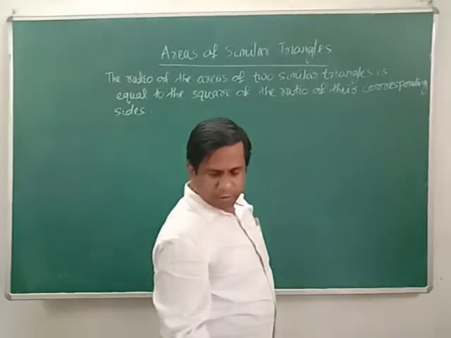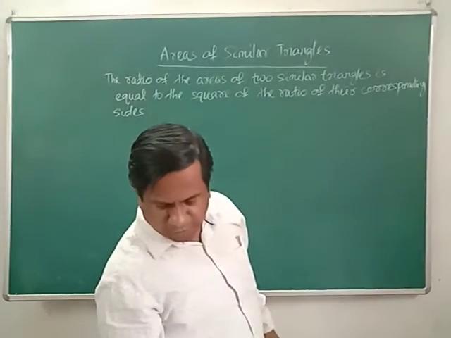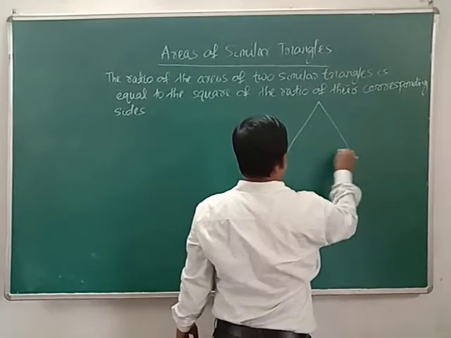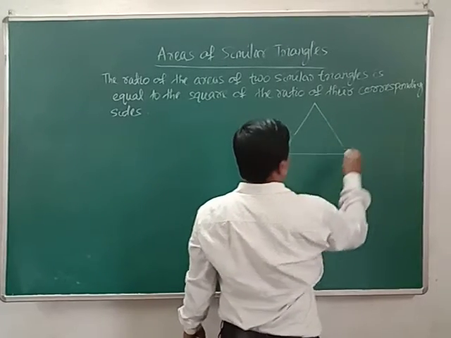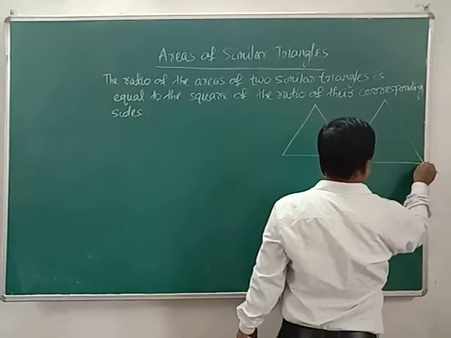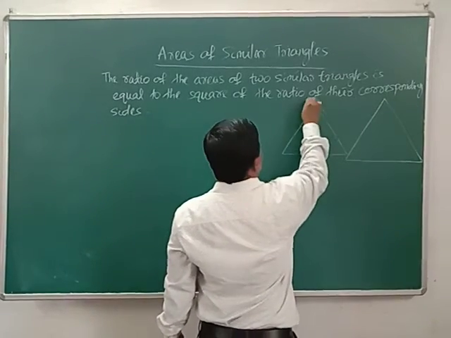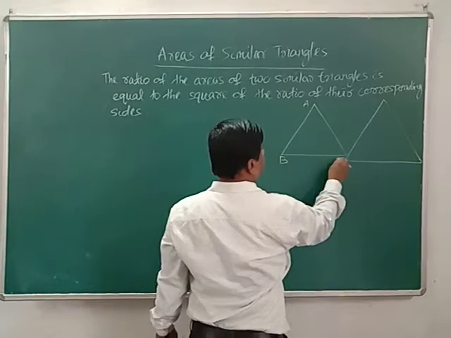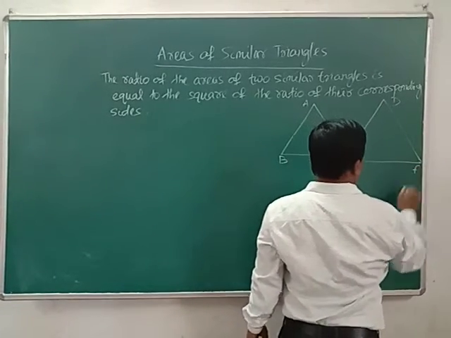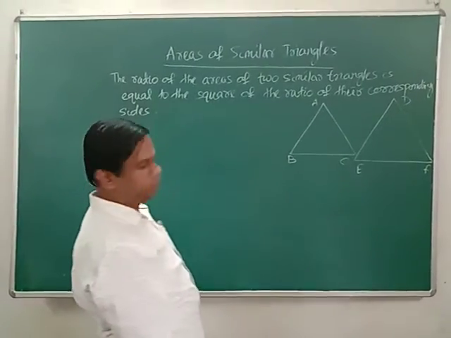Let me take two triangles. Let ABC be a triangle and DEF be another triangle, and they are similar to each other.